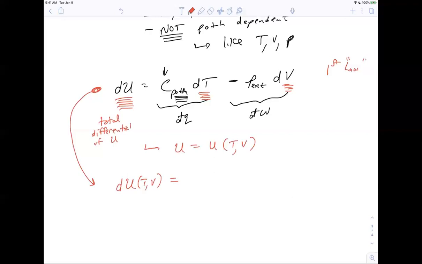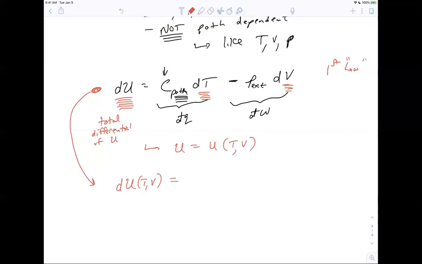So if T and V change, u will change, and that change in u is the total differential, which is given by du here. We call it total, even though it's a differential. It's not the total delta, it's just the total differential. And it's called total because it's going to have to include the contributions that arise from changes in T and the changes in V, and you'll see that in a moment.